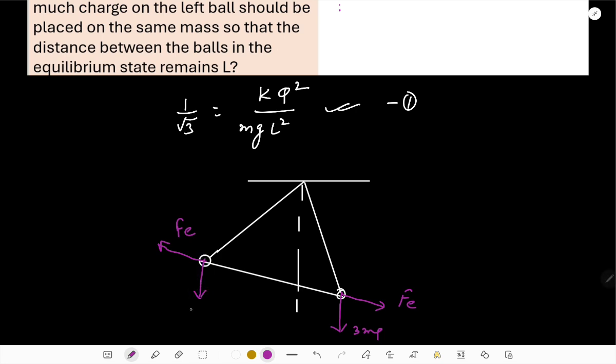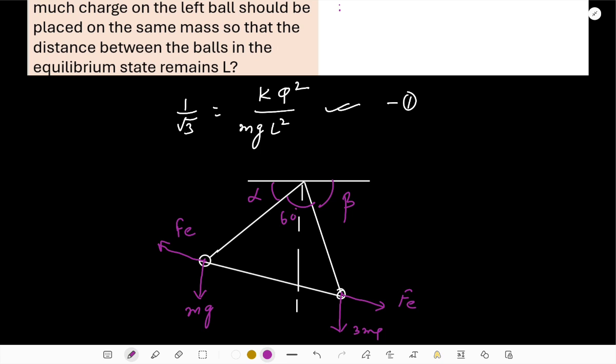So the force of gravity is mg here. Still, this angle is 60 degrees, but these two angles are unknown. I guess they are alpha and beta, and the whole system is in equilibrium.